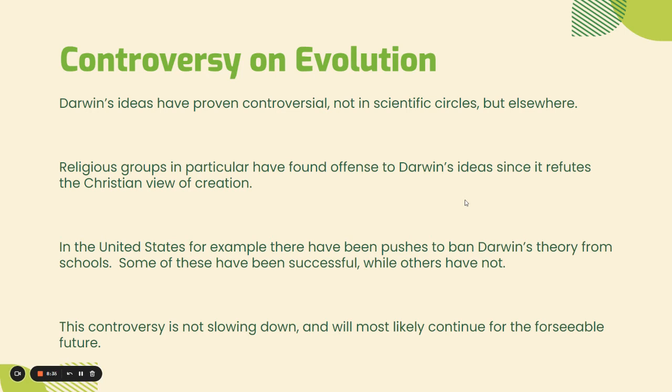It says that God did not create everything all at once, but that humanity and creatures and animals have all slowly changed over time, and that means that God had nothing to do with it. In the United States, for example, there have been lots of pushes to ban Darwin's theory from schools, some of them having been successful while others have not been. And this controversy isn't slowing down. It's going to continue for the foreseeable future. It's still happening.